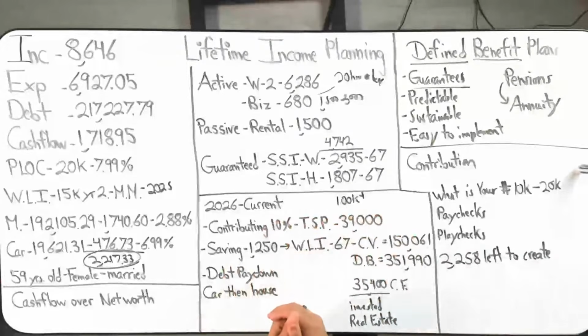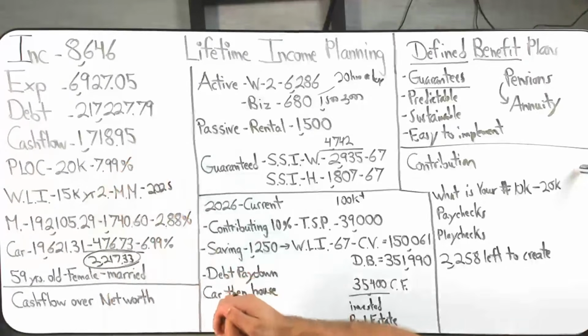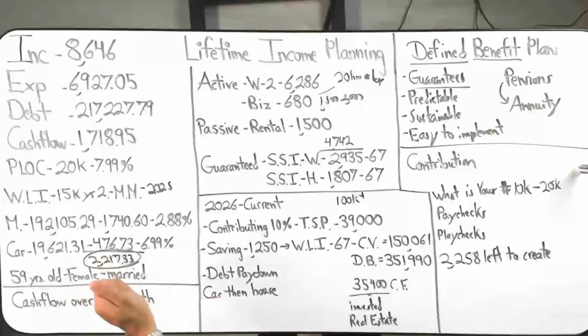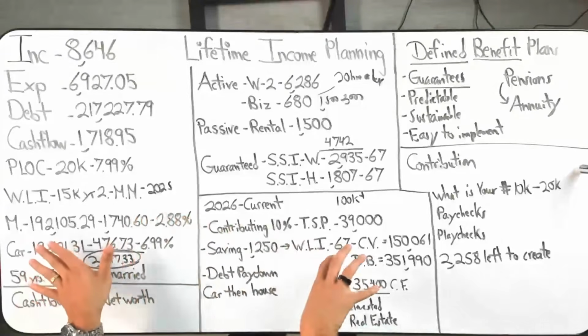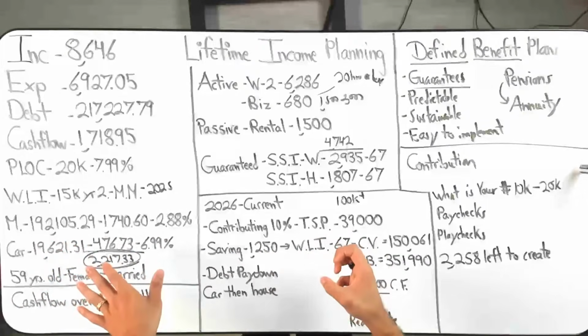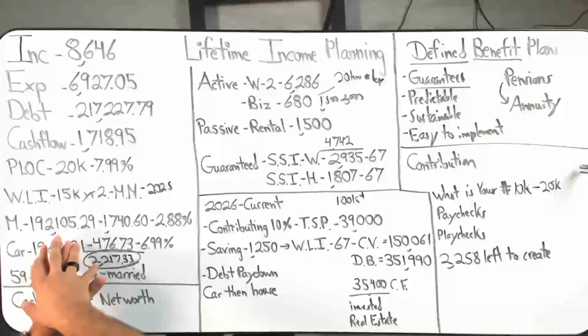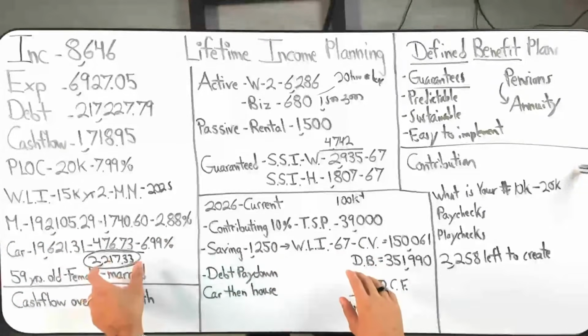So they're still contributing. And of this $1,700, they're going to be making extra payments towards the debt while saving money, building up wealth. As this builds up, we'll eventually take a lump sum, pay off the debts, pay ourselves back, get that guarantee.